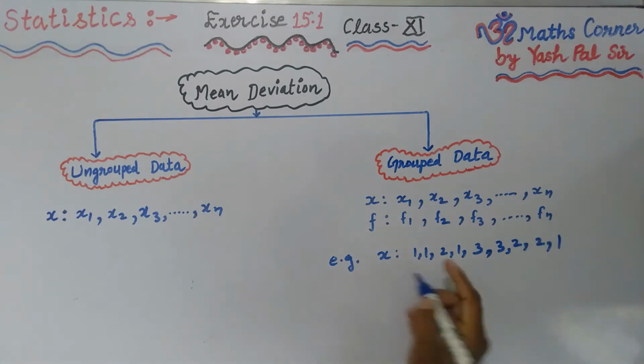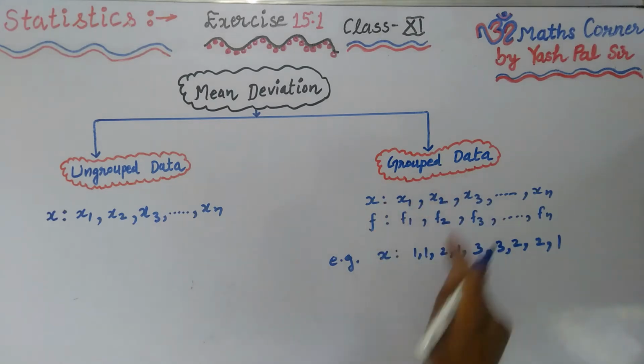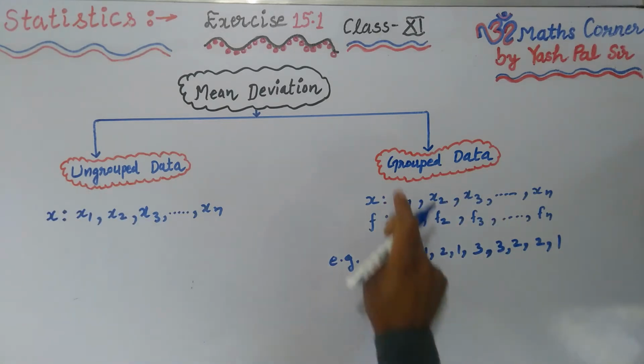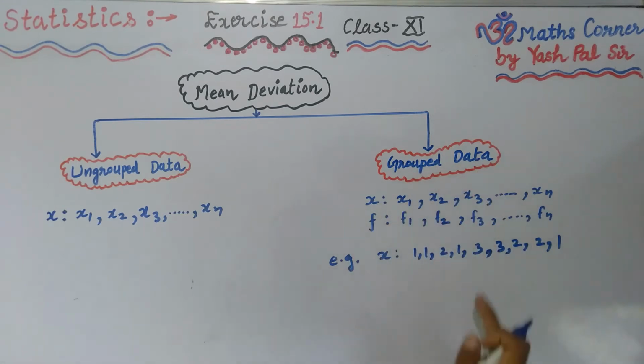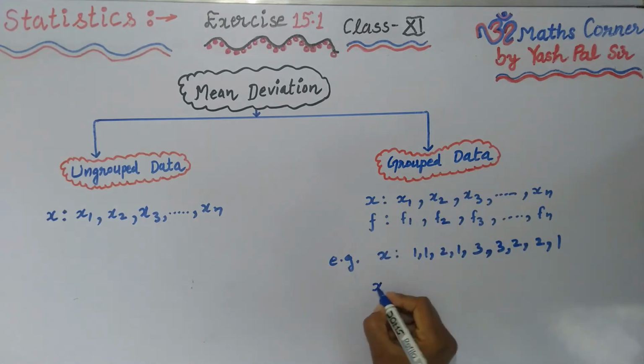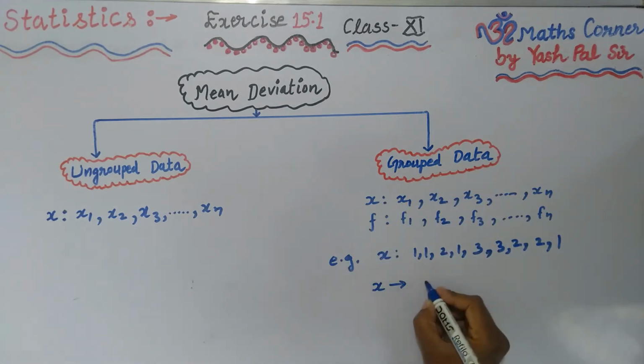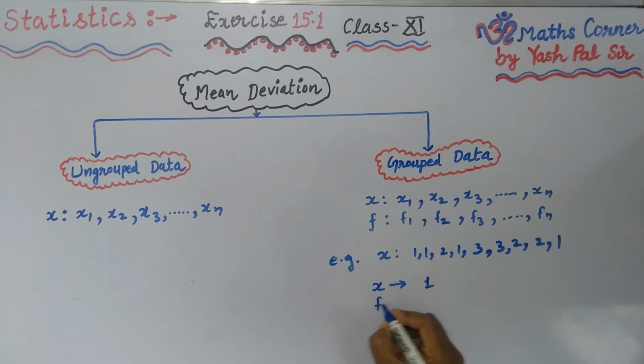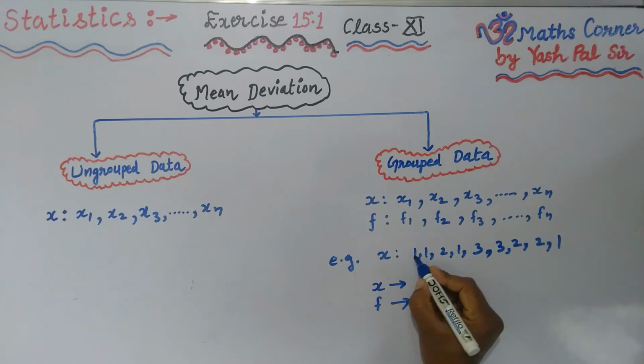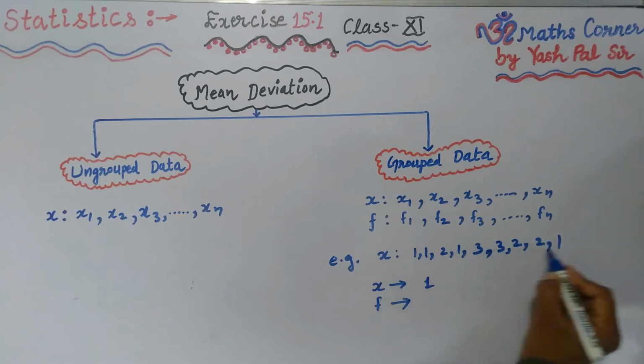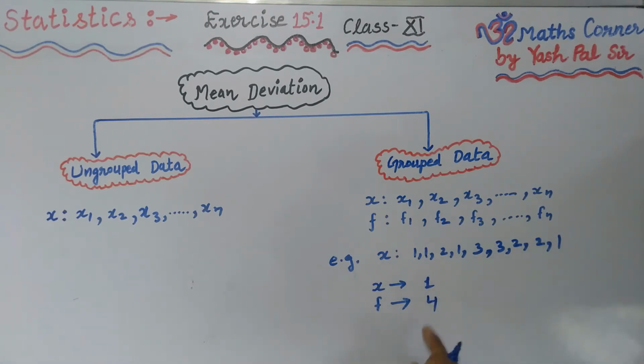So first of all, how to make this ungrouped data in the form of grouped data. We write x like this. First of all, 1. Frequency means repetition. How many times is 1 repeated? 1, 2, 3, 4 times. We write f1 equal to 4, x1 equal to 1.